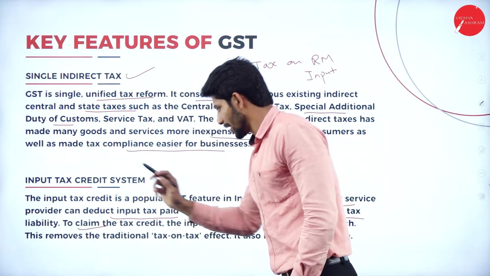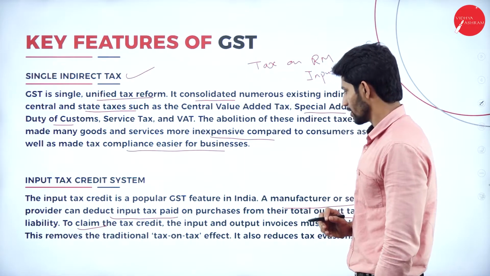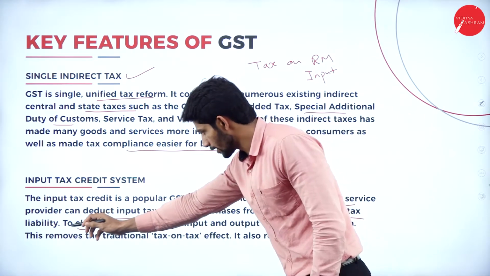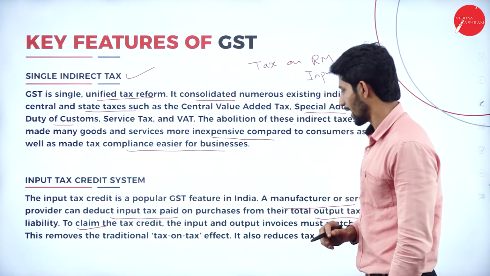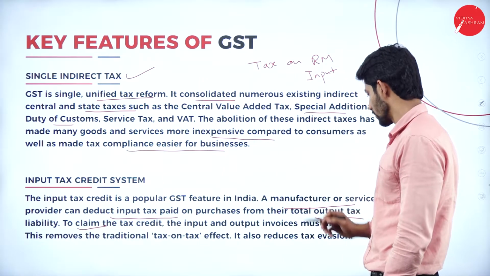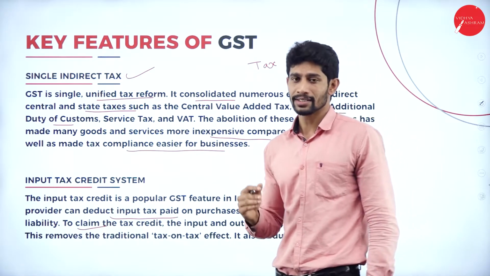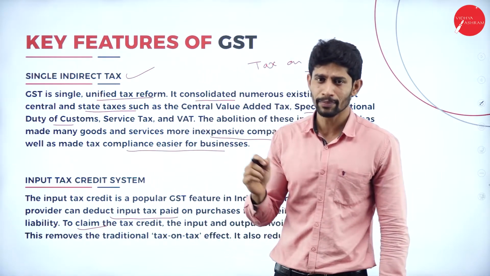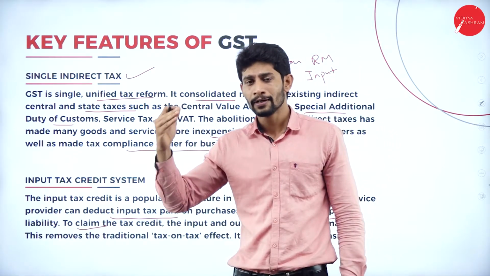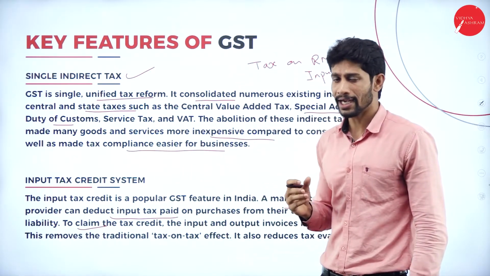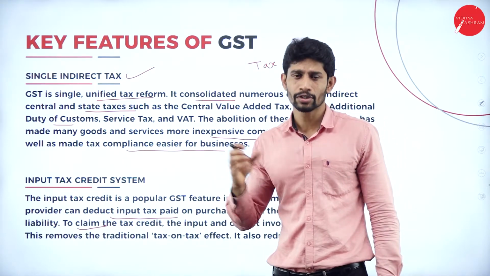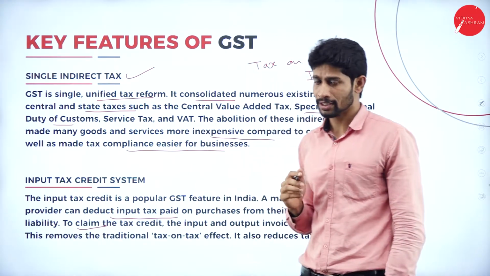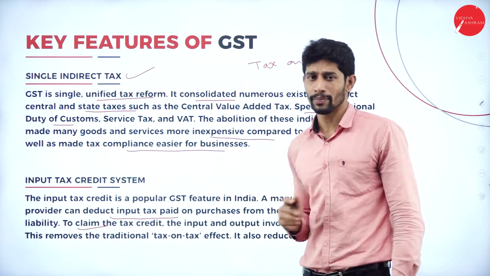To claim the tax credit, the input and output invoices must match. This removes the traditional tax on tax effect. It also reduces tax evasion. Here the business entity or the manufacturer will be claiming the input tax at the time of paying the output tax, and whatever documents are required should match each other in order to claim the input tax credit, so that it will be very easy for the manufacturer.